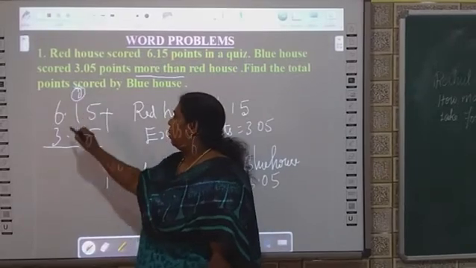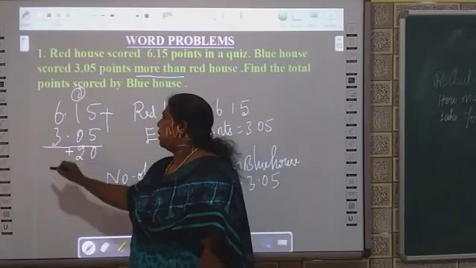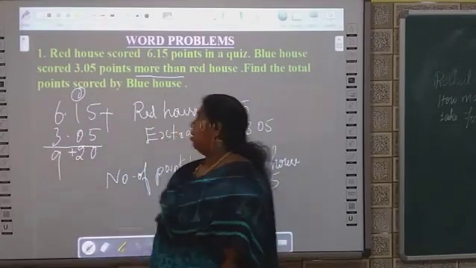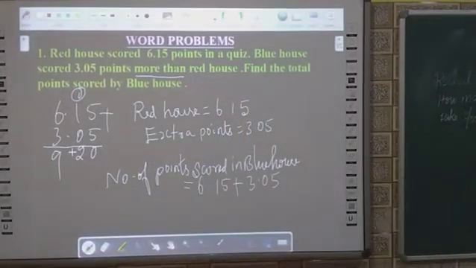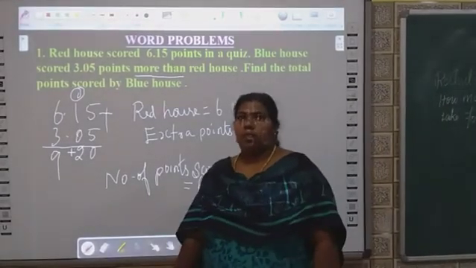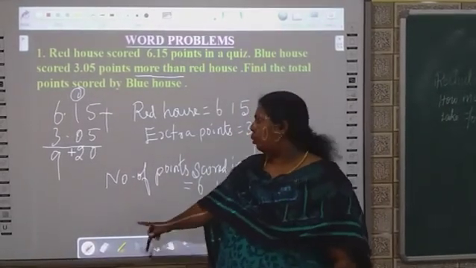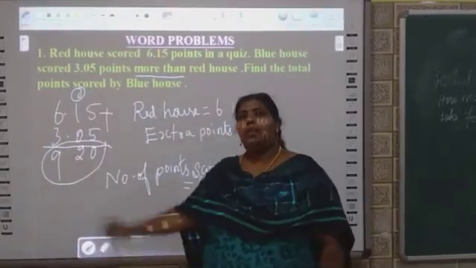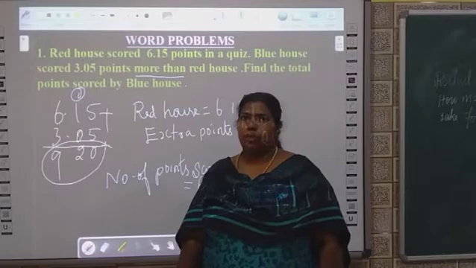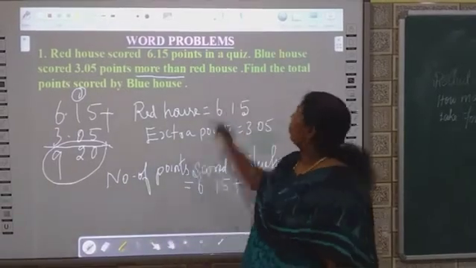Carry over. 1 plus 1, 2. Then 6 plus 3, 9. So, Blue House, how many points scored? 9.20. Understand?